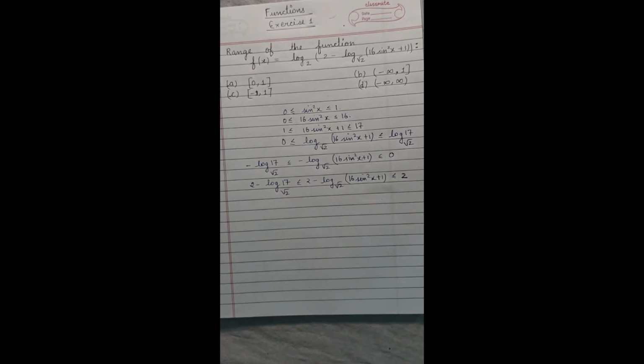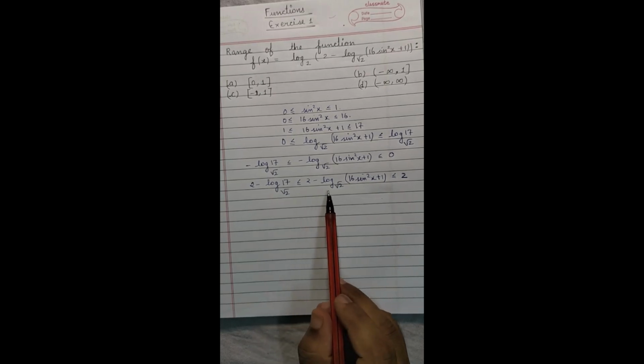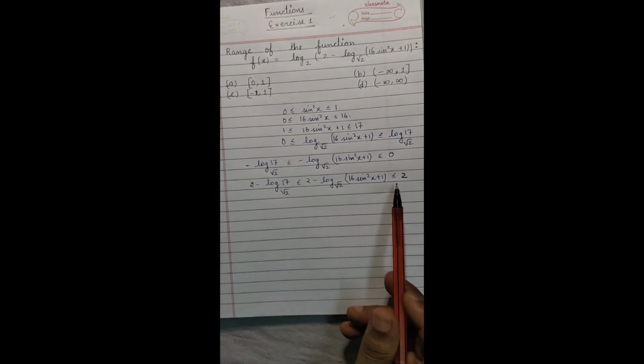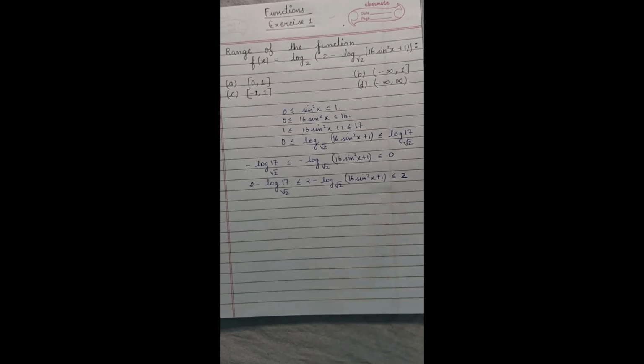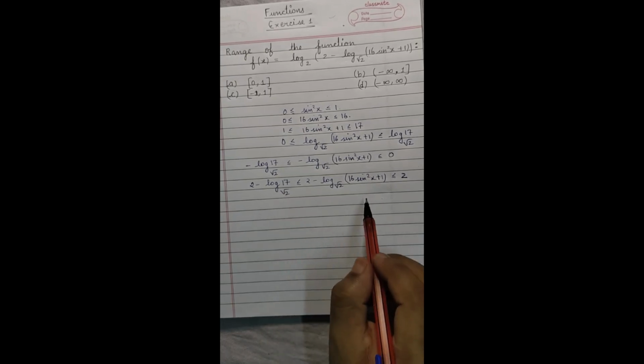Now I can see again I have to take log of this term 2 minus log root 2 16 sin square x plus 1 less than equal to 2. But as I see the left term 2 minus log 17 to the base root 2. Now this 17 to the base root 2 is a term which is greater than 2. How? Let us see.